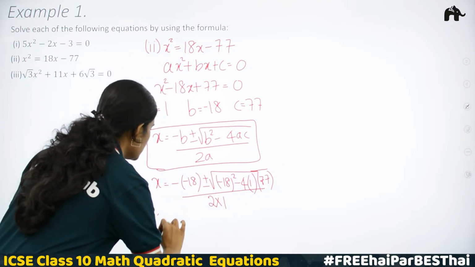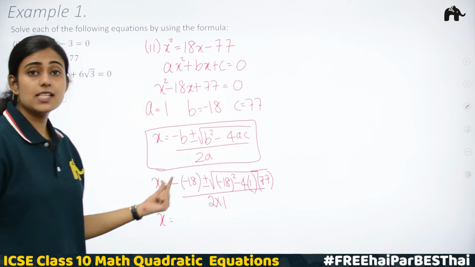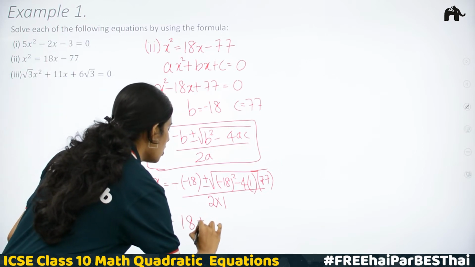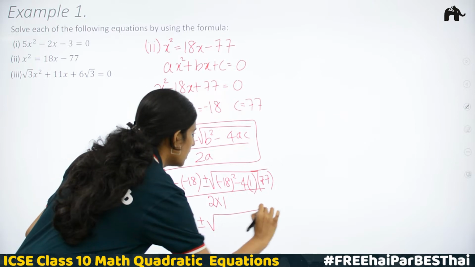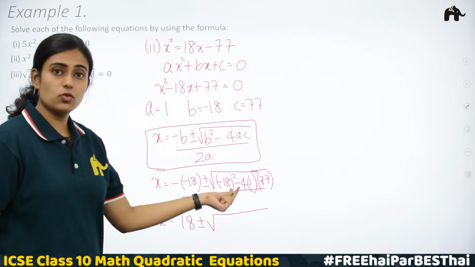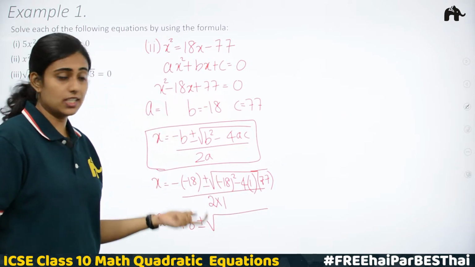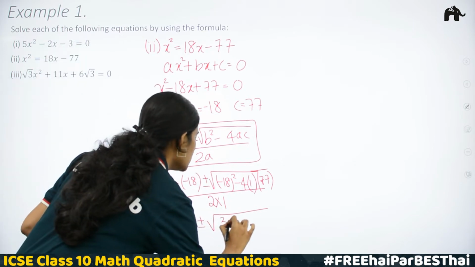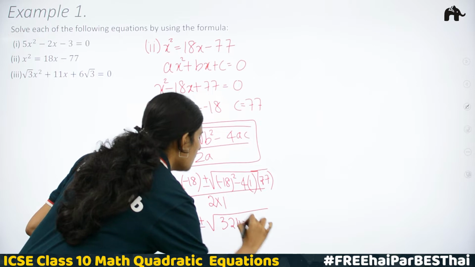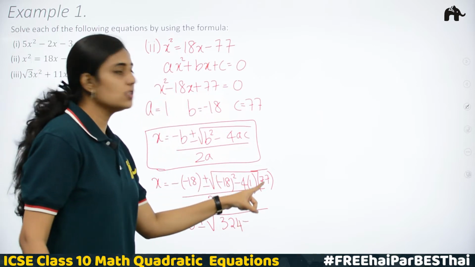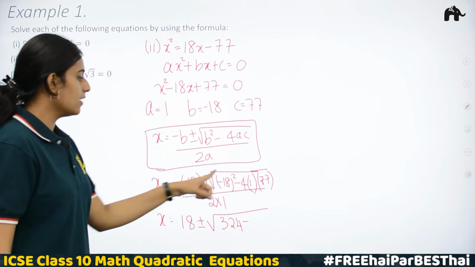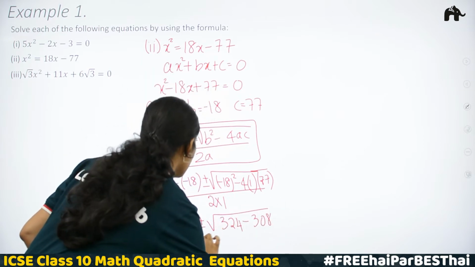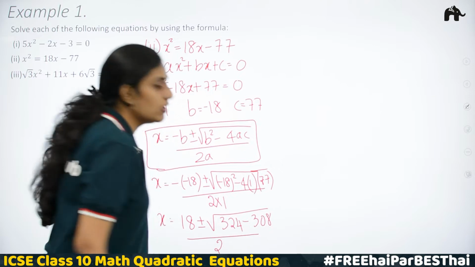That is x is equal to 18 plus or minus root of minus 18 square. 18 square is 324. Minus 18 square is also 324, minus 4 into 77. What do you get? 4 into 77 is 308. Divided by, in the denominator you have 2.